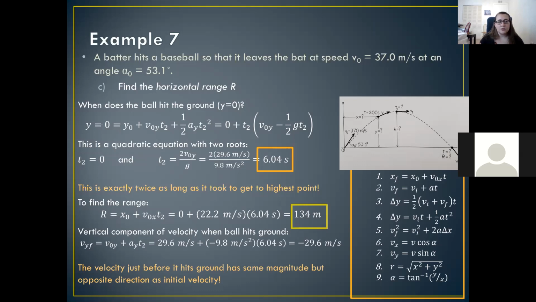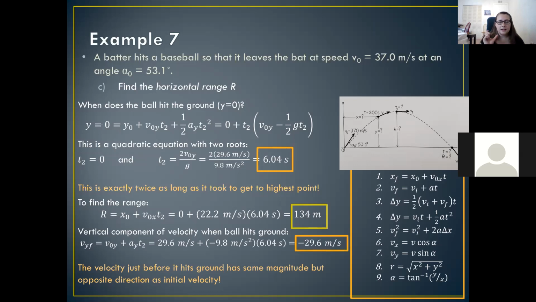We found that initial y velocity in part A, and our acceleration is negative 9.8. Our time at this point is 6.04 seconds. So that gives us a velocity of negative 29.6 meters per second.